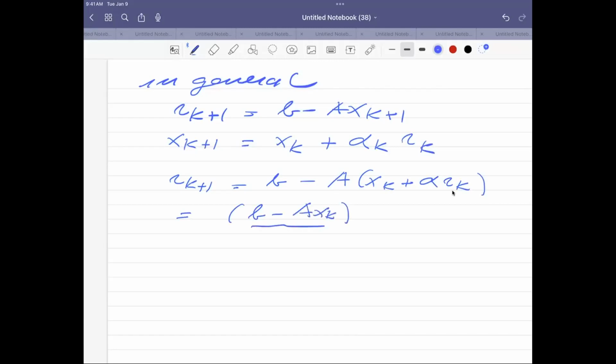And we know that that is just the residual R(k). And then I have minus alpha(k) times A times R(k). So I can rewrite this R(k+1) equal to R(k) minus alpha(k) A R(k).